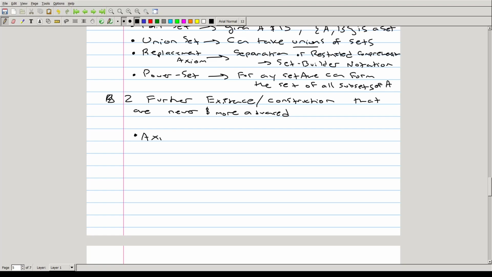The first of these is the axiom of infinity, which allows the use of induction to create infinitely sized sets.